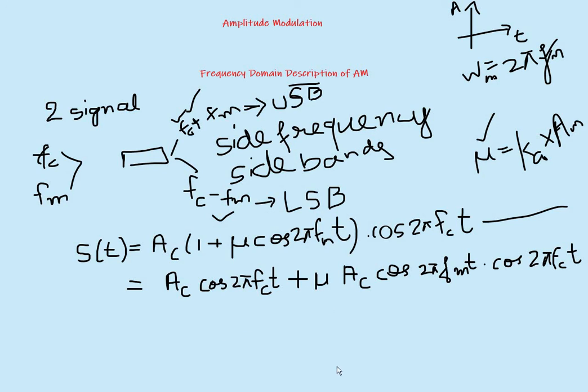Now here again, see this value cos 2 pi fm t into cos 2 pi fc t. This is nothing but cos A into cos B, right?